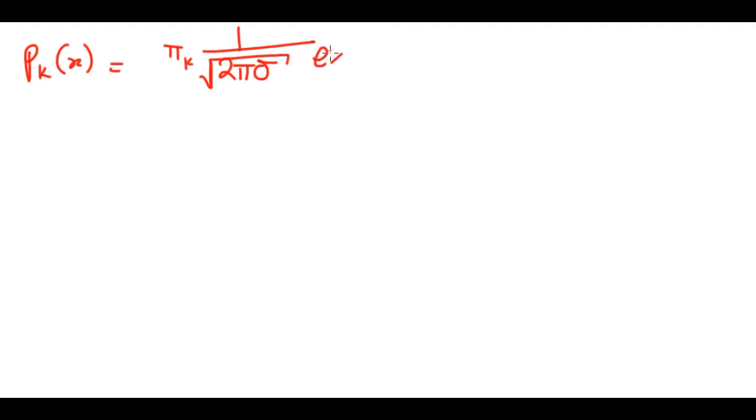You remember that p k of x formula that we had, which had the pi k times 1 over square root of 2 pi, exponent of minus 1 over 2 times (x minus mu k) squared.